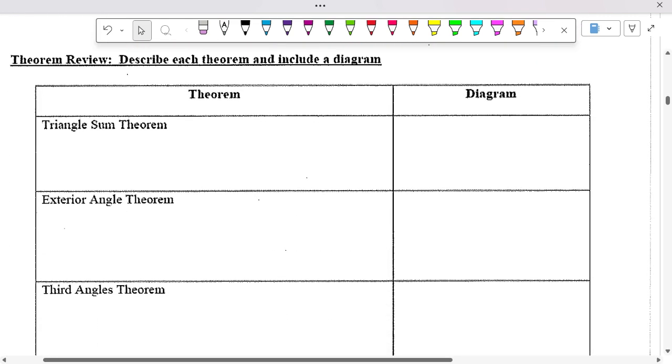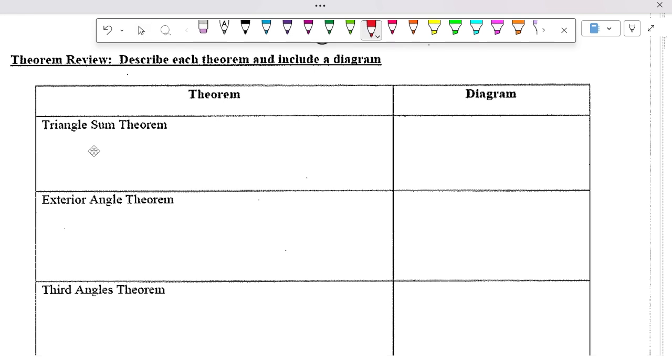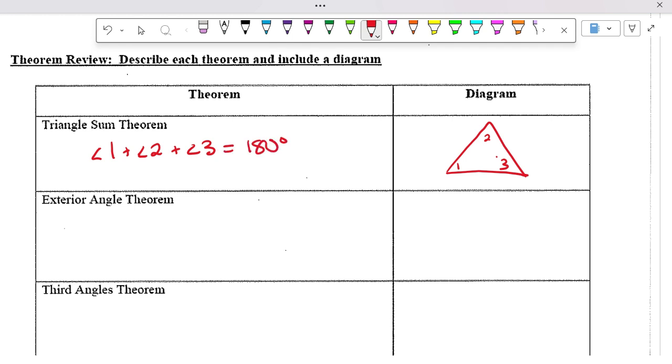Now, just a review of the theorems. Triangle sum theorem just means that all the angles inside the triangle add up to 180. So if I have a triangle, let's call the angles 1, 2, 3. Angle 1 plus angle 2 plus angle 3 is equal to 180 degrees.